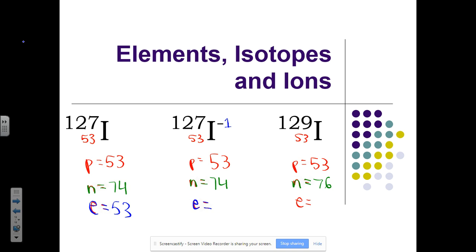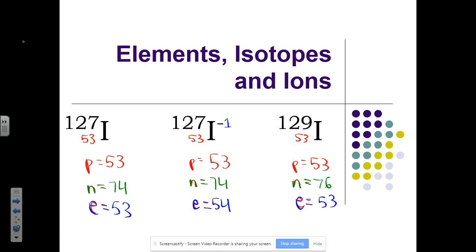If it just says negative or just says positive, it's implied that there's a 1 there. So I have a -1 charge. So that means I have one more electron than I have protons. So if I add 1 to 53, I will get 54. And here, again, there's no charge, so the protons and the electrons would be equal.